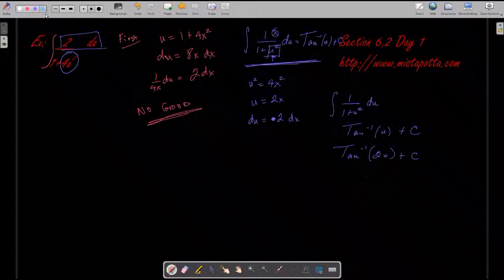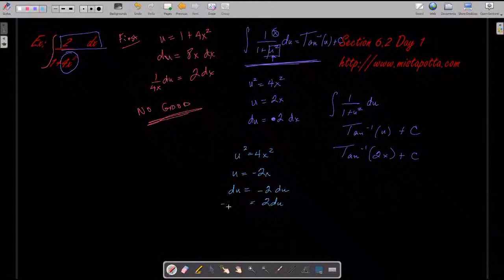Now, if I had instead, using this u squared equals 4x squared, looked at u to be the negative root, negative 2x, then du would be negative 2 dx. And I don't have a negative 2 here. What I've got here is a 2 dx.